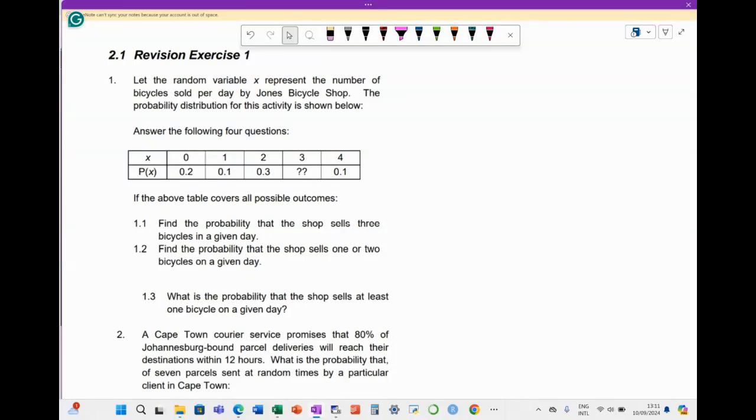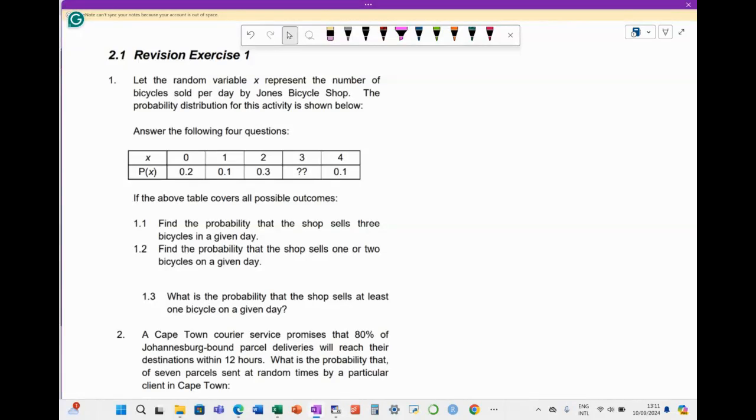There we've got our probability distribution for when x is equal to 0. In other words, we haven't sold anything. When we've sold 1 bicycle, when we've sold 2, we don't have the answer to the probability when x is 3, and when we have sold 4 bicycles, the probability of that is 0.1.